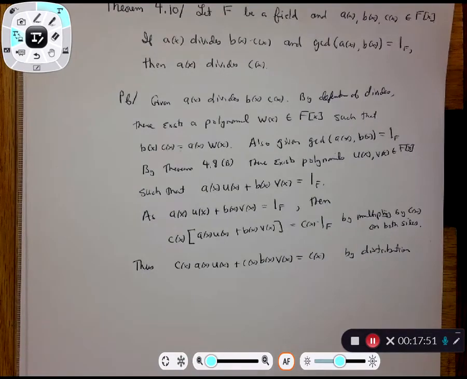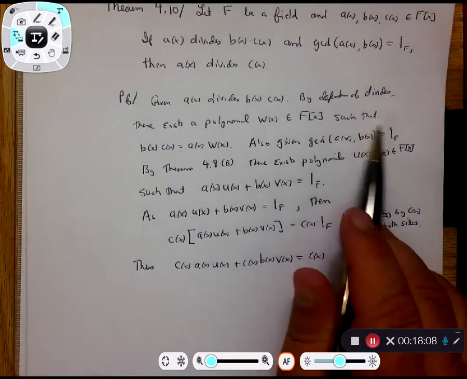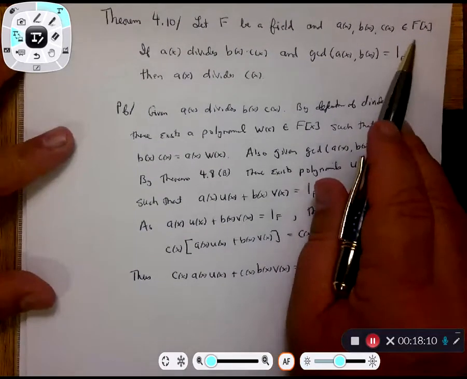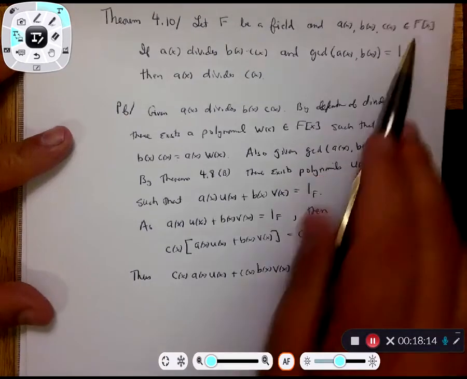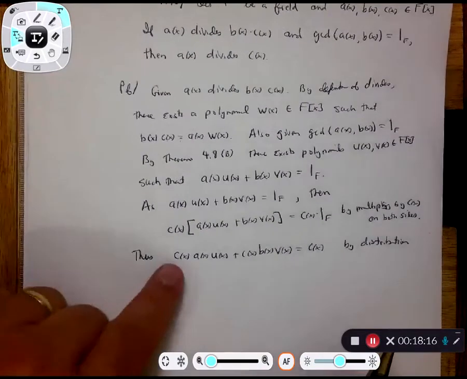F's a field, but when you attach that x on there, it makes it an integral domain. It's not going to be a field anymore because x is in your polynomial, but 1 over x is not. But integral domains have the distributive property.